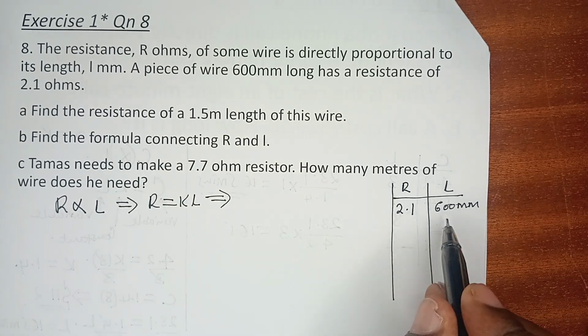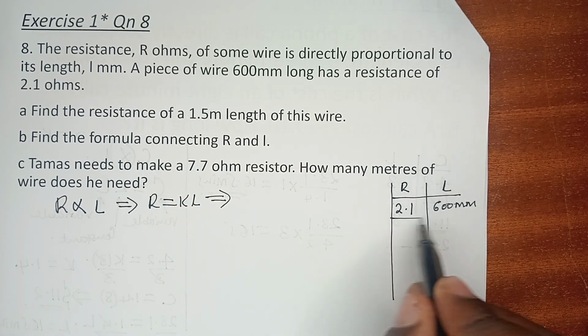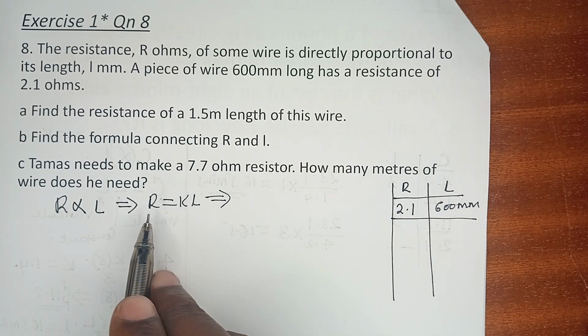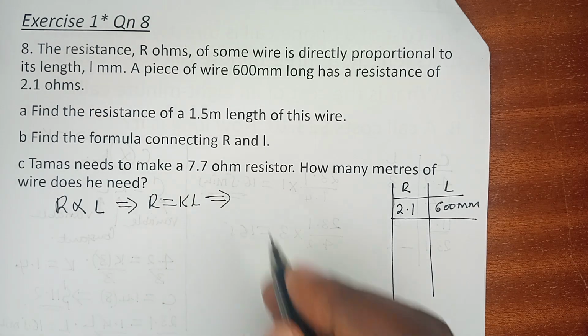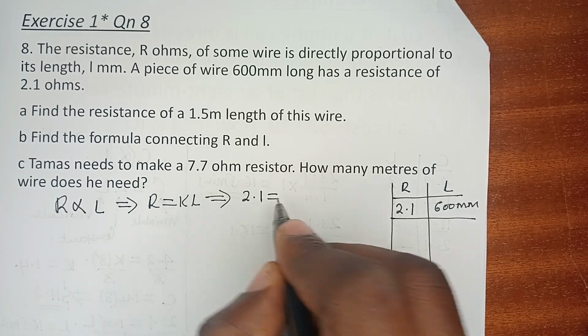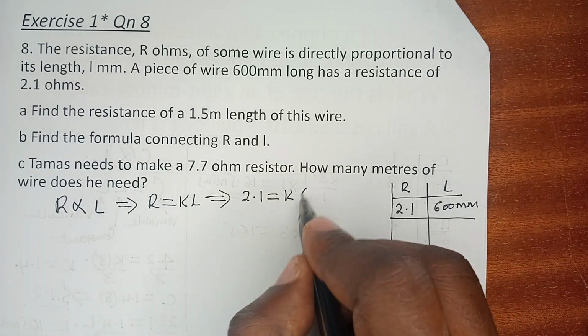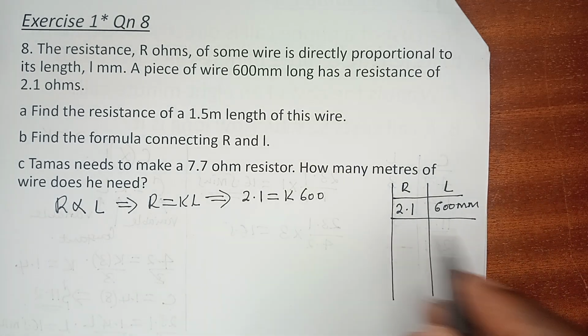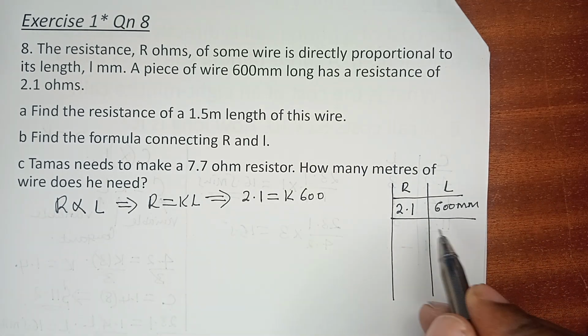It is with these details that we can find the value of K, because R is a variable, it keeps changing as length changes. So when the resistance is 2.1, it is equal to K times 600. We will work with 600 because we have been given this value in the question.